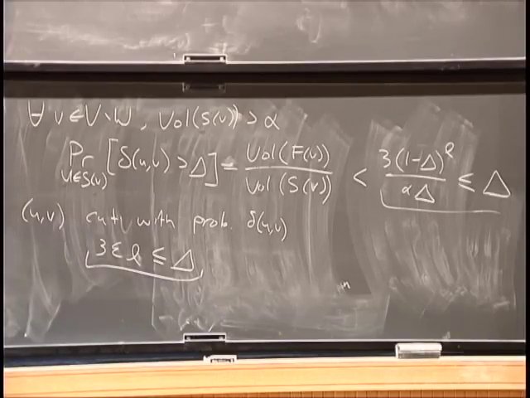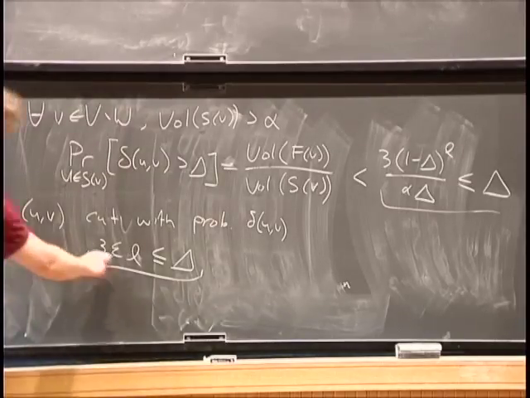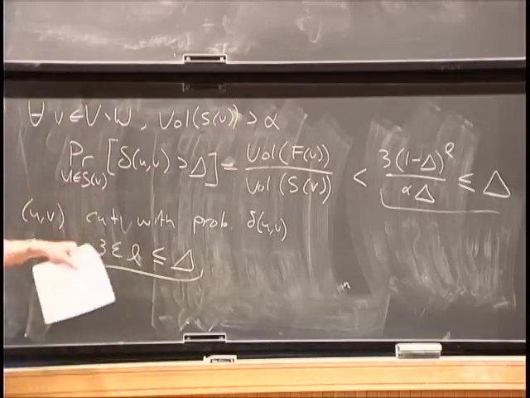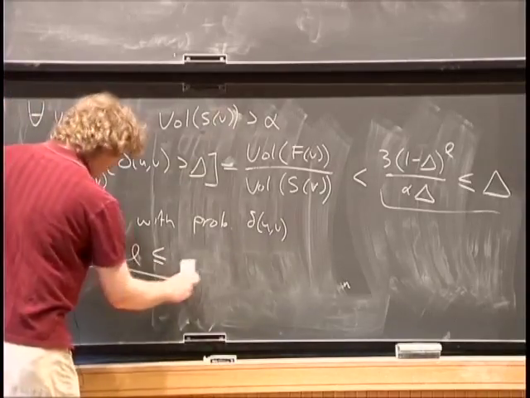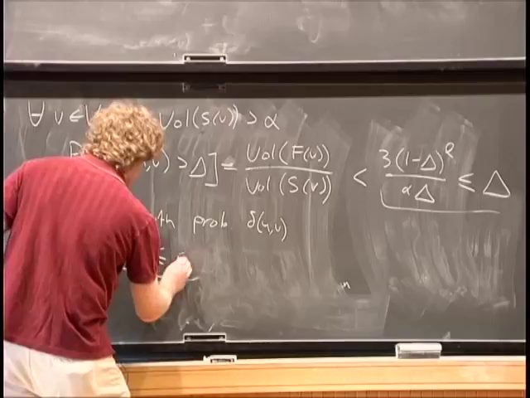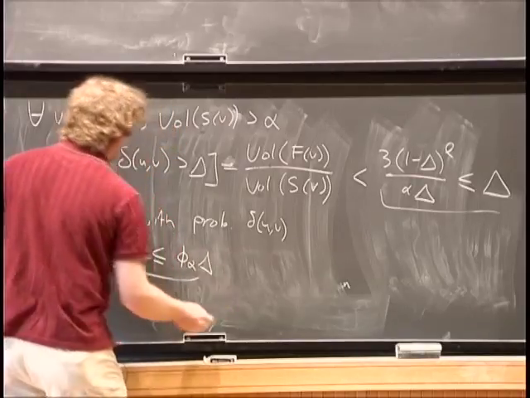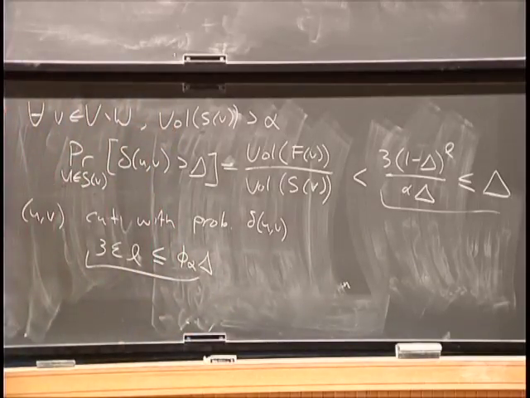Now, in the case where you have some good conductance, phi alpha, instead of insisting that the number of edges cut is at most delta, we'll insist that it's at most phi alpha delta. Again, you just find the right values for delta and L, satisfying that constraint.